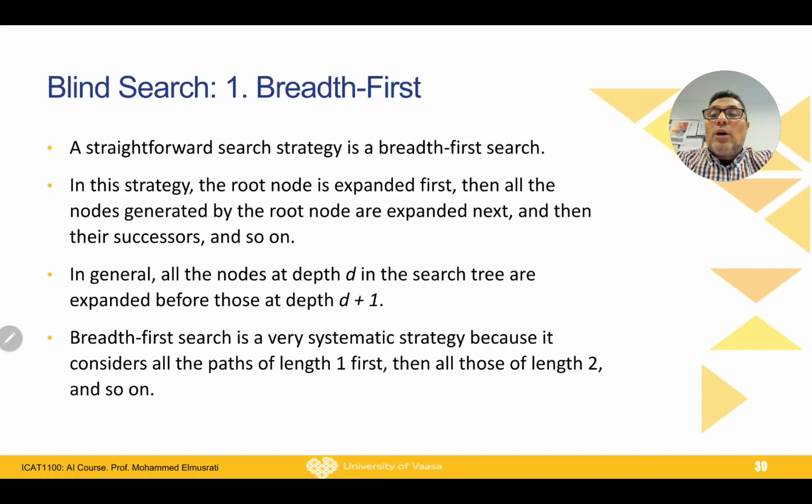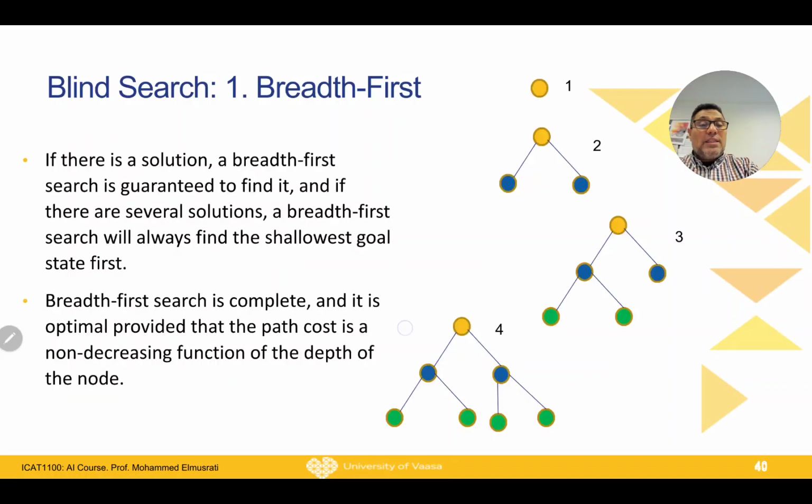The first kind of blind search is called breadth first. Breadth first simply means that you start with the initial state, then you look at all the branches from the first state. So assume here we have only 2 branches. This is the second one.